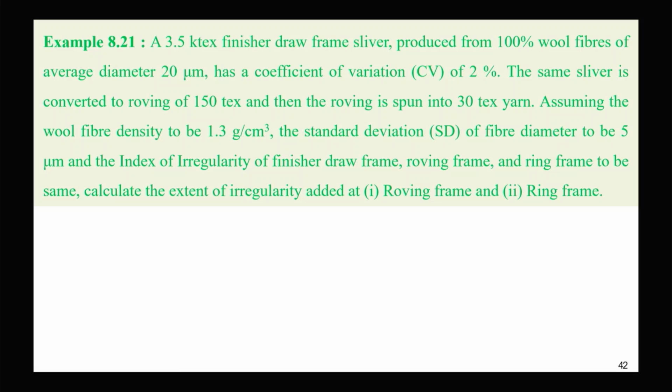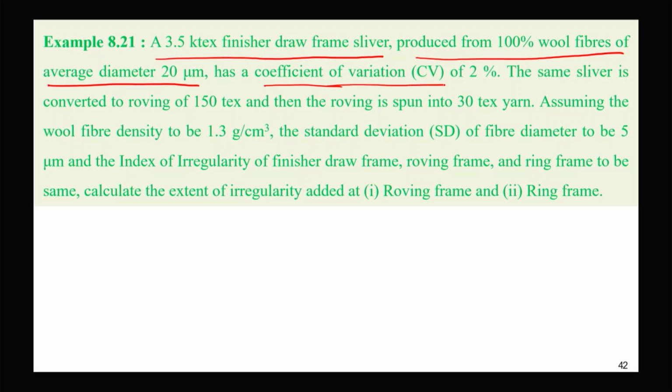Now a similar problem, let us see. A 3.5 ktex finisher draw frame sliver is produced from 100% wool fiber of average diameter 20 micron, and coefficient of variation, sorry, coefficient of variation is 2%.